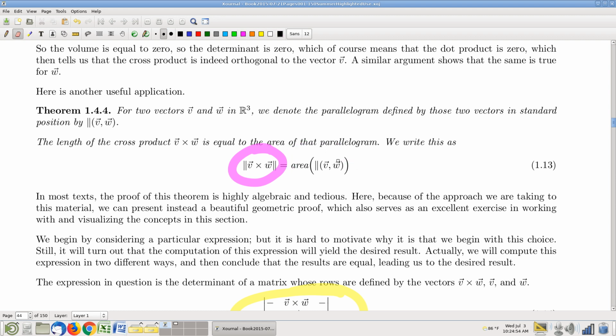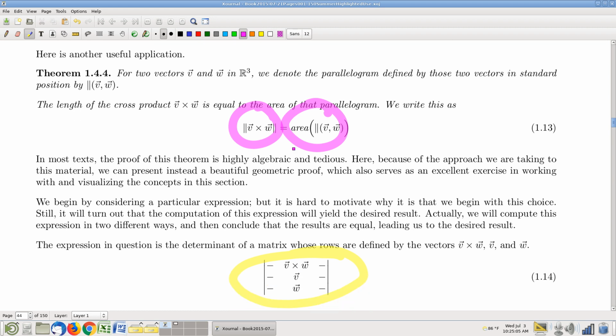So let me make a geometric argument here. This is another what I like to call a mathematical bank shot. I'm going to show that this is equal to this by considering a third object that is neither one of them. We're going to start off by thinking about this determinant, for no apparent reason.